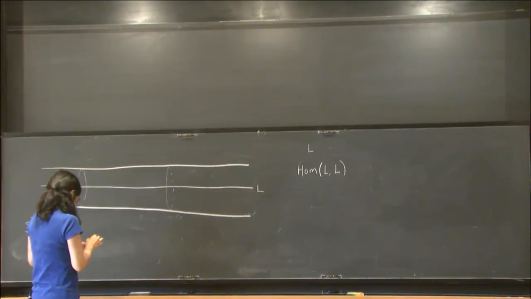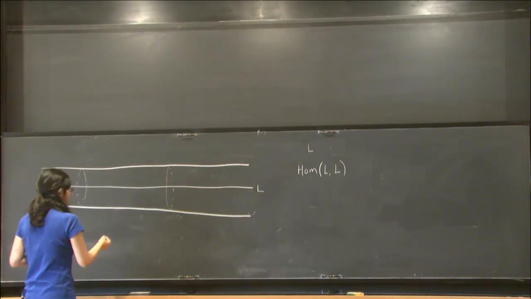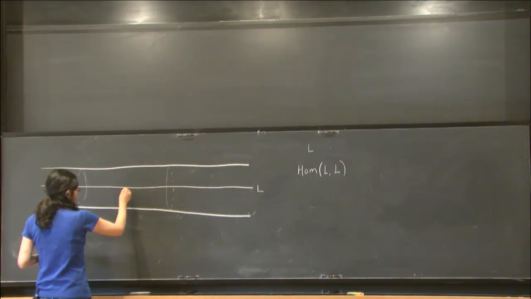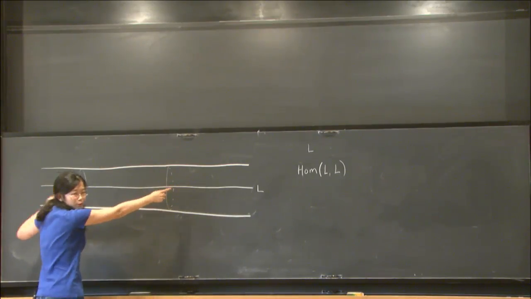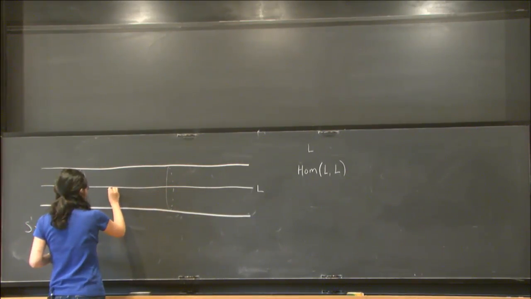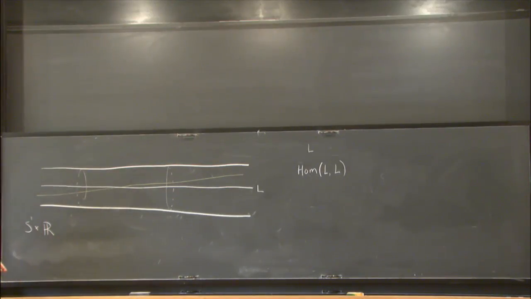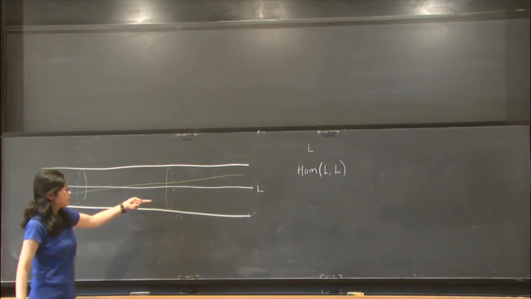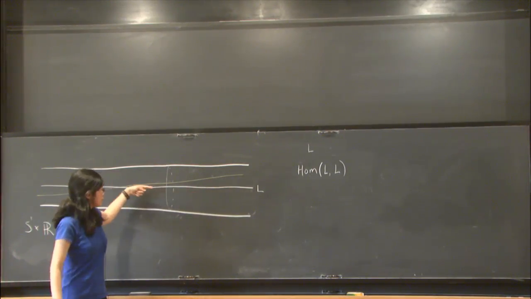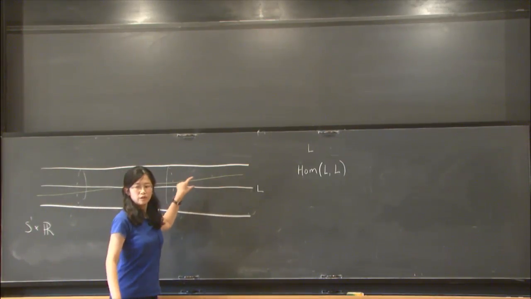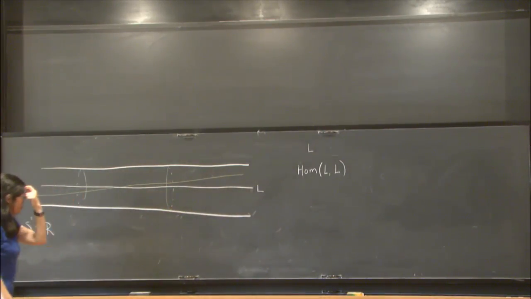I don't want to draw it on top of this one, so I'll draw another one with a transverse intersection with the previous one. In general, I want this L to be an exact Lagrangian that's conical in the cylindrical ends.